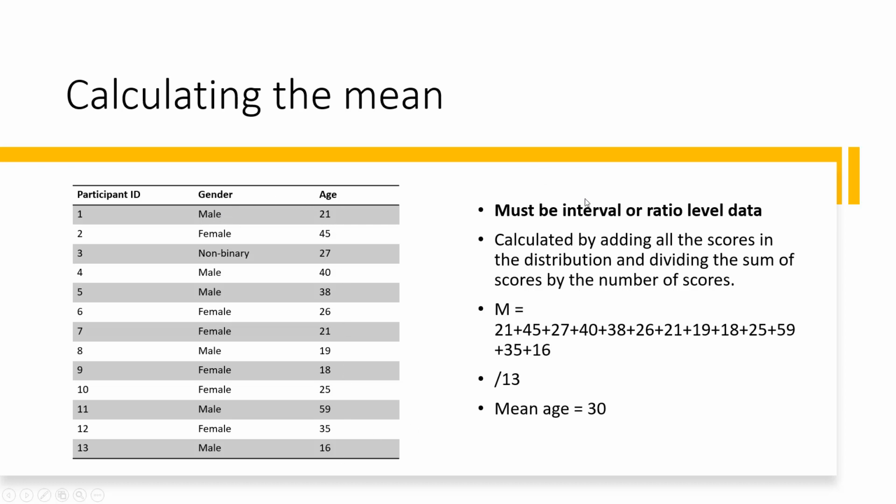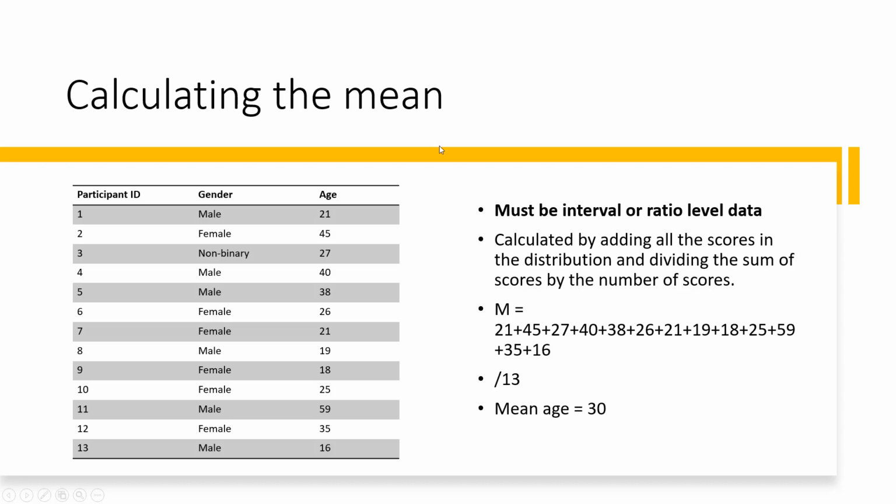We can calculate the mean age by adding all of these scores together and then dividing by the number of observations. So in this case, we would add up all of the values, 21, 45, 27, and so on, and divide it by 13, because we have 13 observations, which means that we have a mean age of 30.